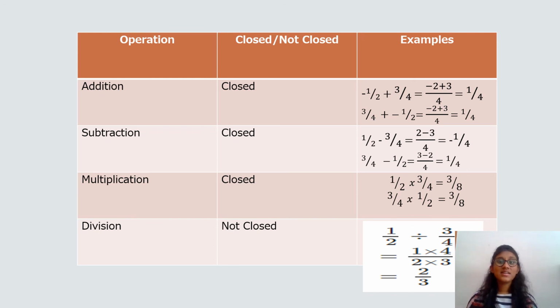When we consider any number other than 0, like the example given here, division is closed, but we need to consider 0 also as a number. Any number divided by 0 is not divisible, so it does not fall into the set of rational numbers. Since the quotient will not remain in the same set, division is not closed.